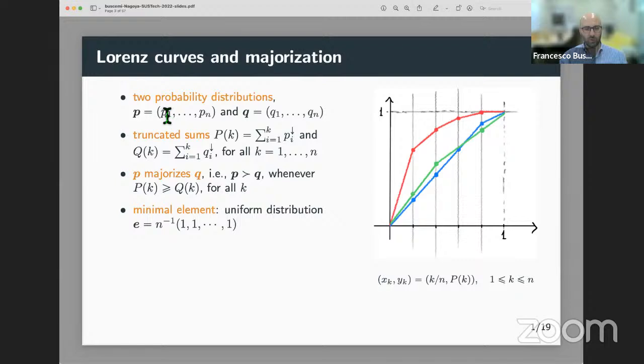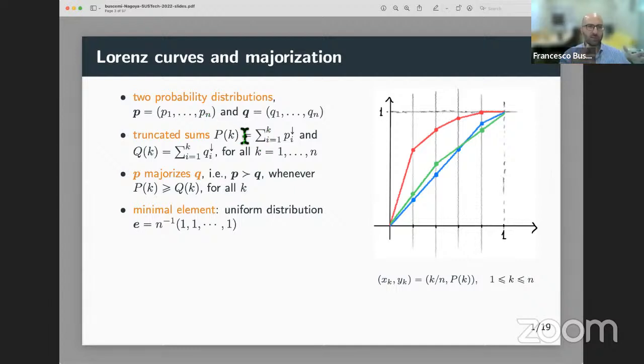And then you reorder the entries of these probability distributions in non-increasing order, from the largest to the smallest element. And you construct these truncated sums. So you will have a series of truncated sums for P. You see that this index goes from 1 to K, so K will go from 1 to N.